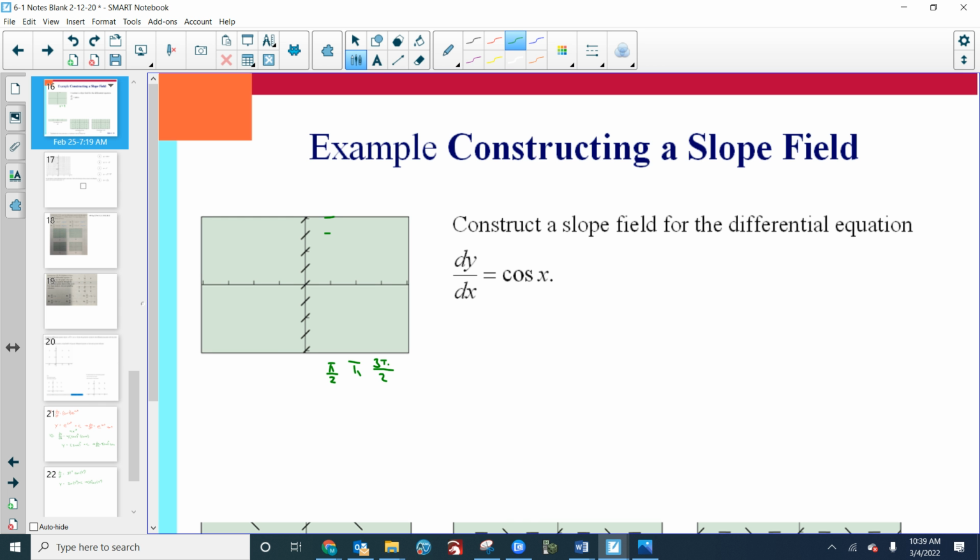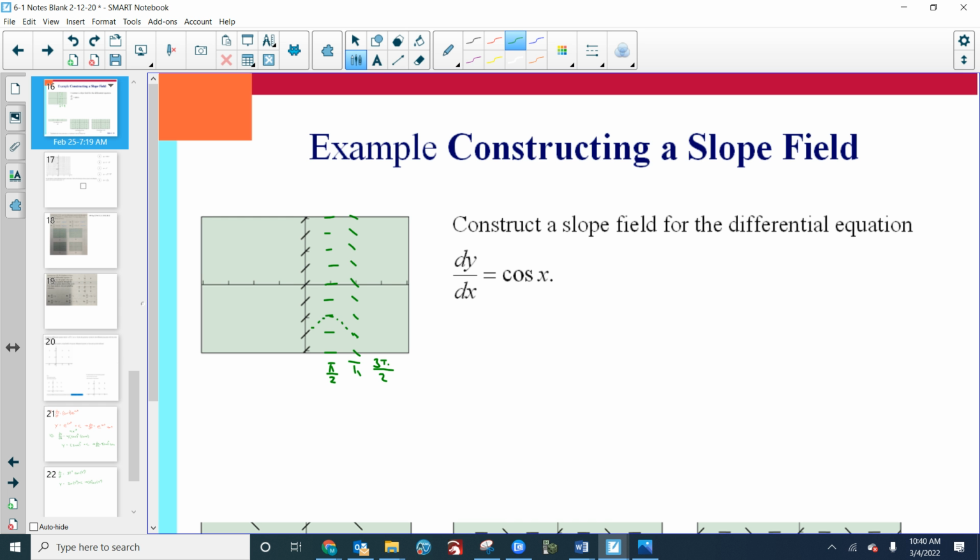So I sketch little slopes of 0. These are little tangent lines. 0, 0, 0, 0, 0, 0. Cosine of pi. So the slope is -1. -1, -1, -1, -1, -1. Little slopes at -1. If I did in between those values and I made them small enough, I would actually get these.